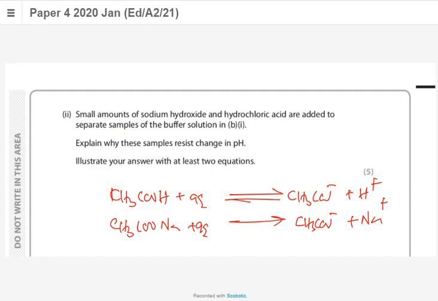So as a result, the acid to salt concentration ratio, or salt to acid concentration ratio, remains almost constant, as this mixture contains a large reservoir of ethanoic acid and ethanoate ion.